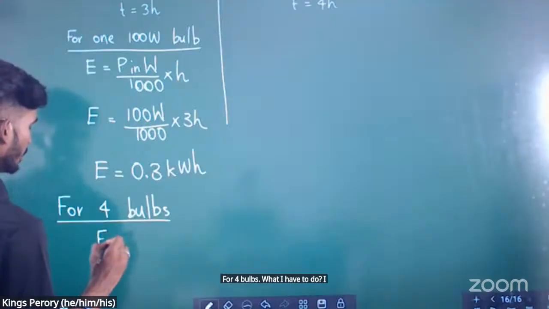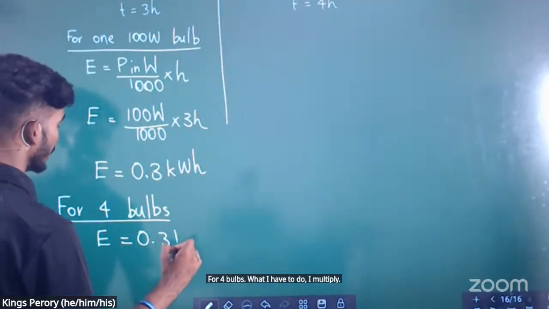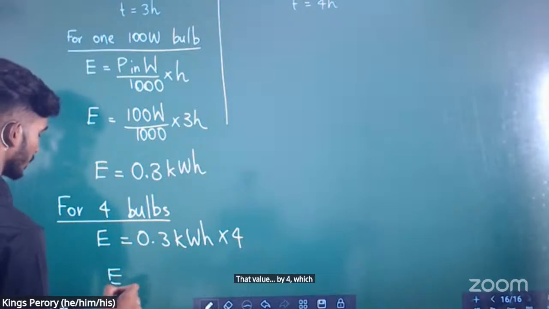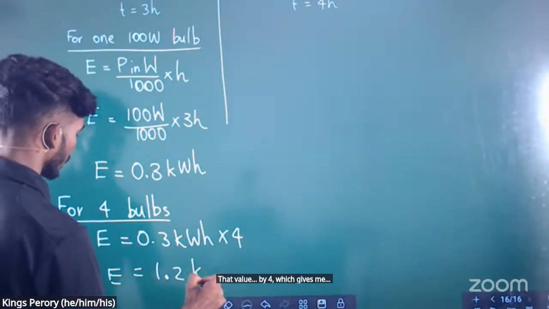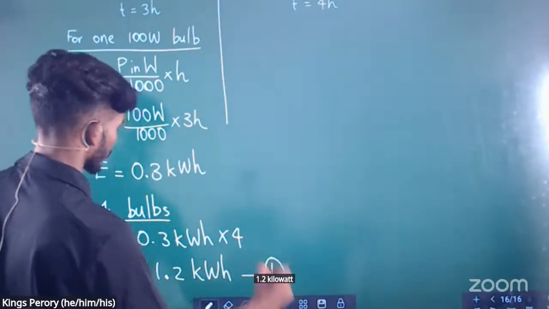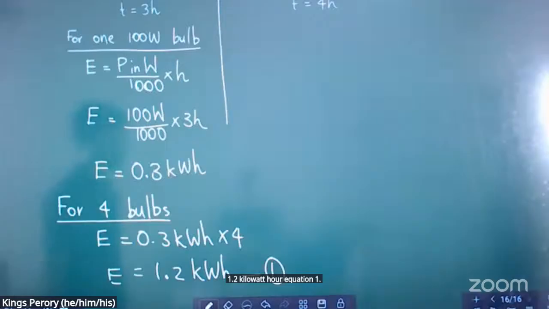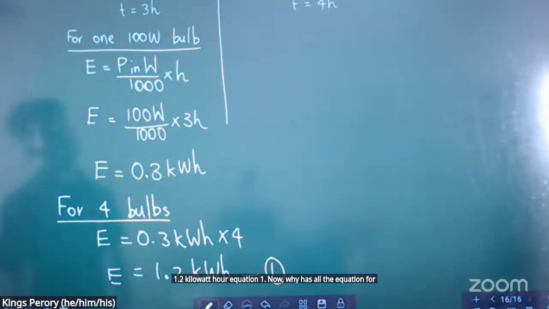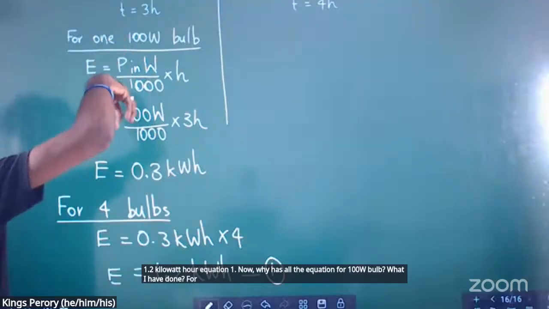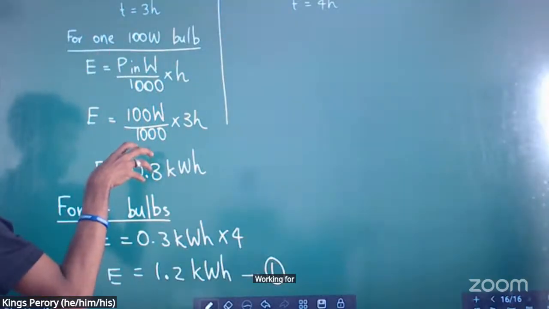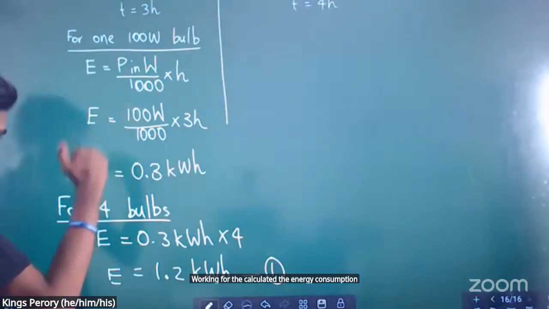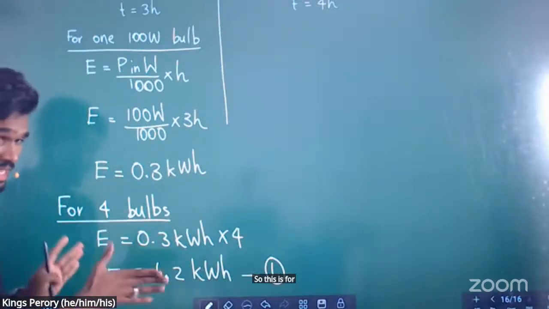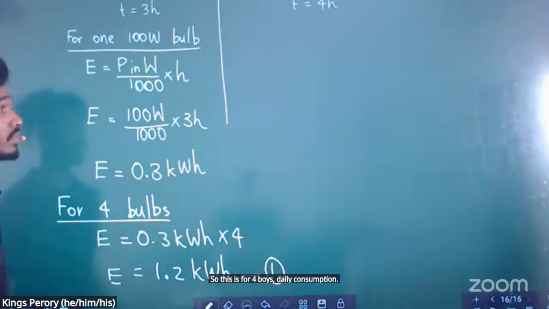I multiply that value by 4, which gives me 1.2 kilowatt hour, equation 1. Now I have solved the equation for the 100 watt bulb. I calculated the energy consumption for 3 hours, but you have 4 bulbs, so I multiply by 4. This is the daily consumption of 4 bulbs with 100 watt power.